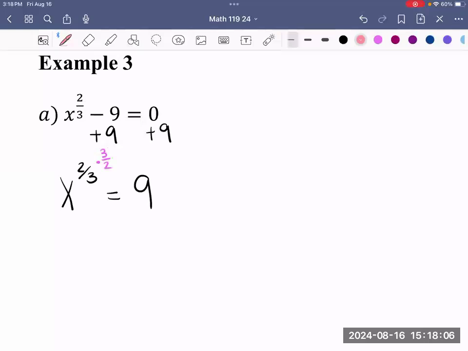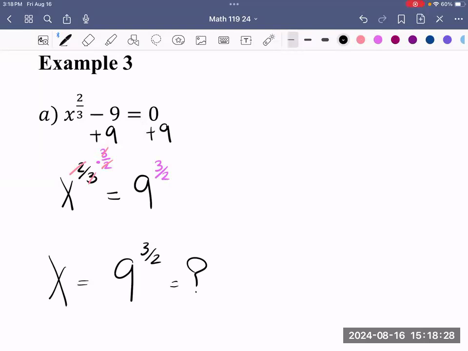That will allow us to cancel this 3 and this 2. And what you do to one side, you do to the other side. So you're left with x is equal to 9 to the 3 over 2. But what does that equal? Can we write it back into the, what is it called?